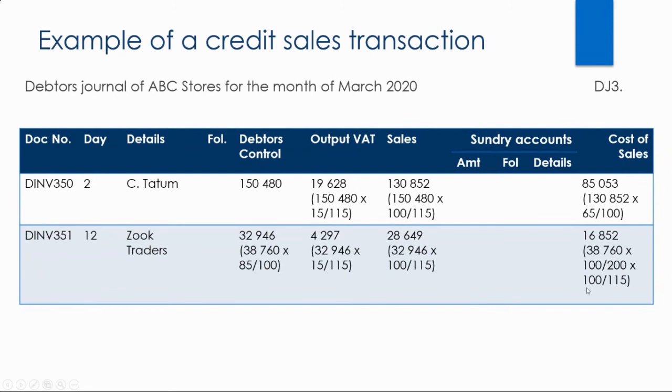And that is why I multiply with 100 over 115 to work the amount that is exclusive of VAT to get that value. And this calculation here would normally count between 2 to 3 marks in a test or in an exam because of the fact that you had to see the markup percentage is on cost and you had to eliminate the VAT from the original value.